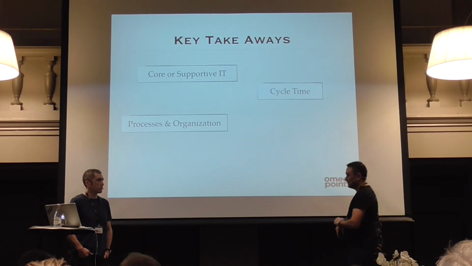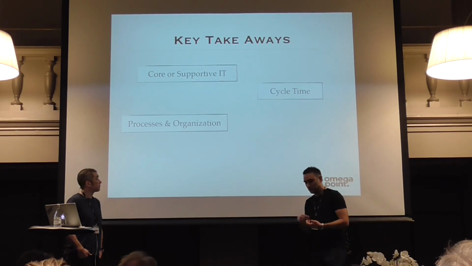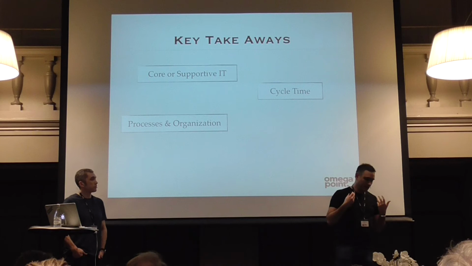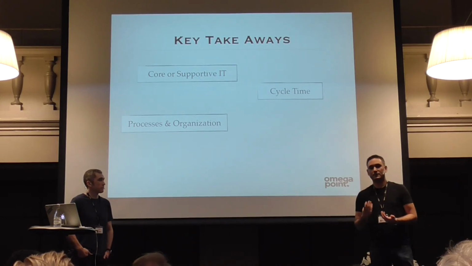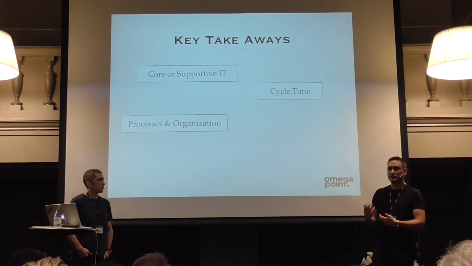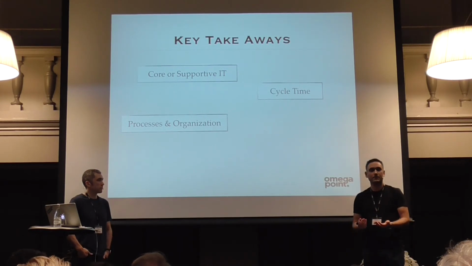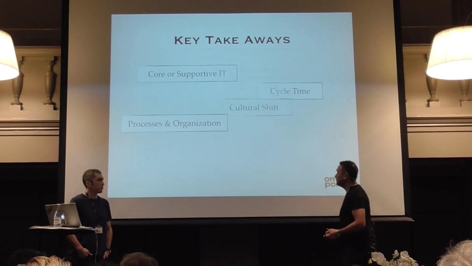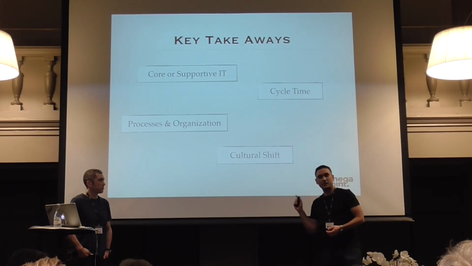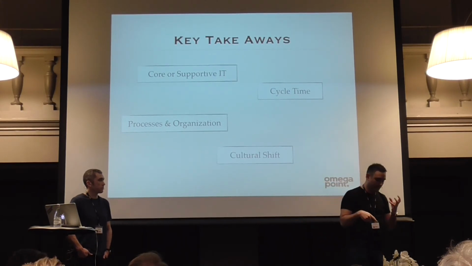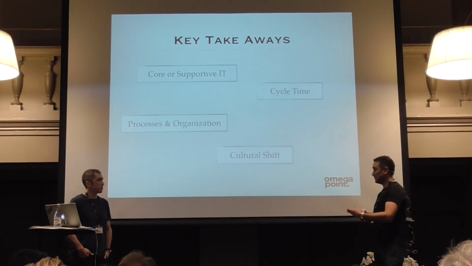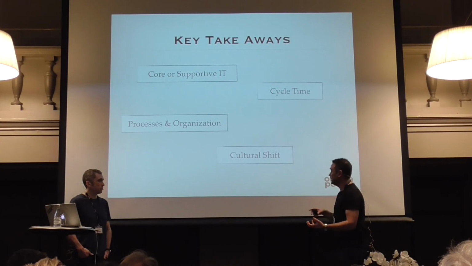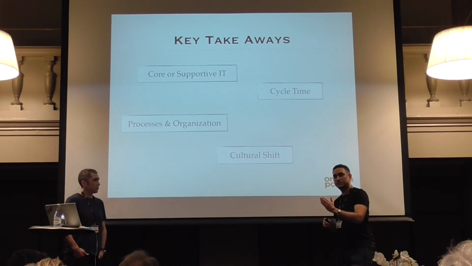Of course, we have the processes in the organizations, and usually they tend to be created by people that have an old mindset that is not adapted for continuously delivering value, unfortunately. So therefore, there's a need for a cultural shift in your organization to understand how we can actually change our ways of doing things in order to get things out the door quickly, all the time.